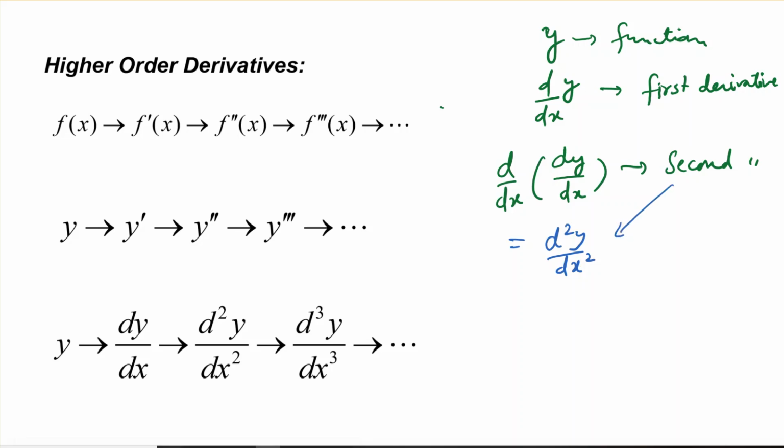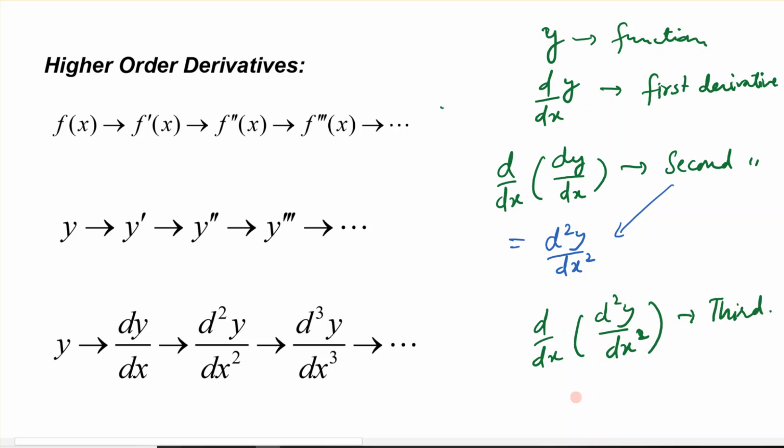And next, if you take the derivative of the second derivative, then we get the third derivative. And again, the notation is d3y over dx cubed, and so on. So these are our higher order derivatives.